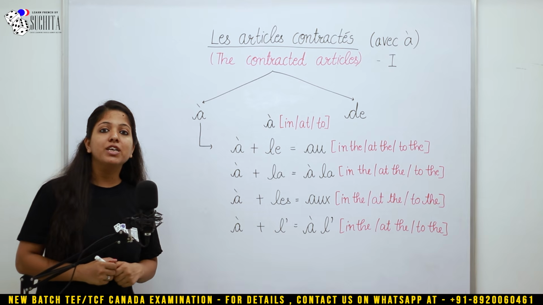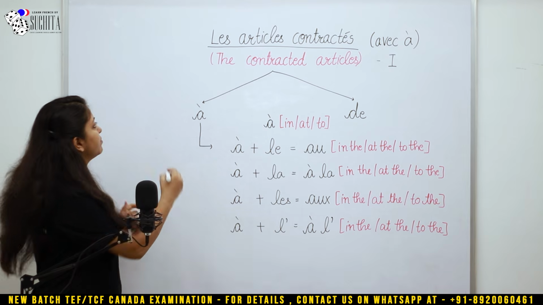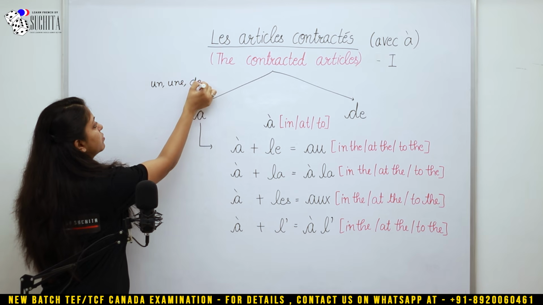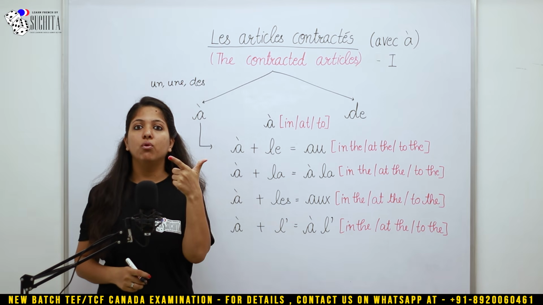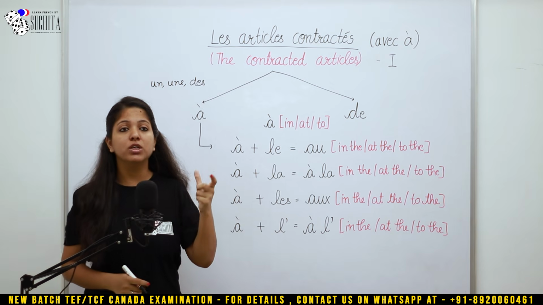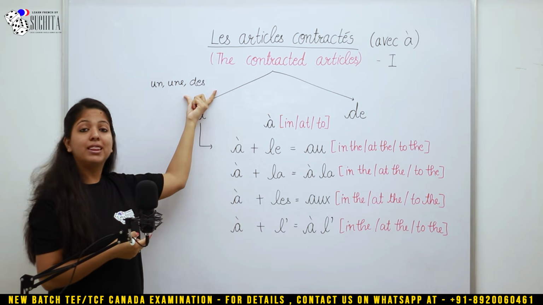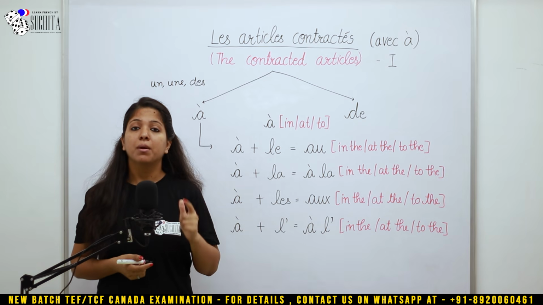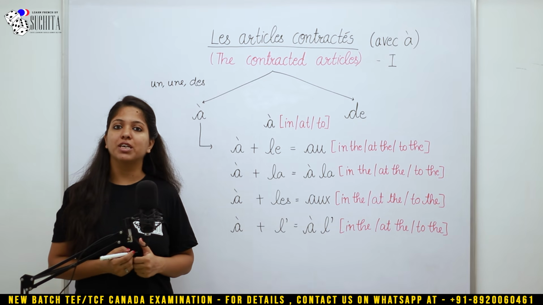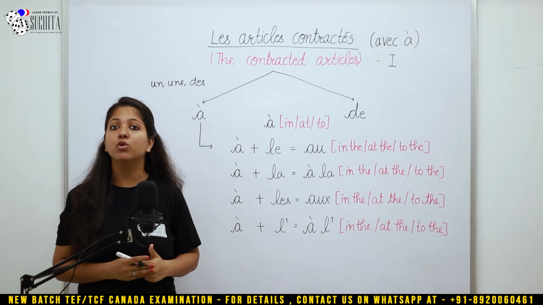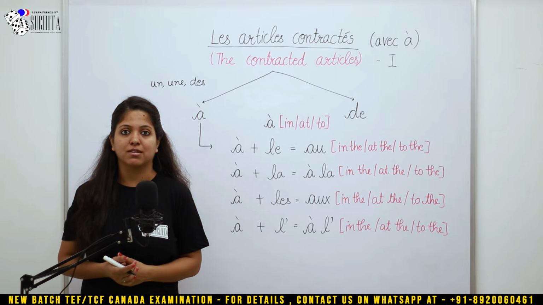Okay, now the indefinite articles in French are un, une, des, out of which un and une mean a or an, and des means some. By the way, if you do not know what are indefinite articles, I am dropping the link in the card above. If you want, you can watch that video.